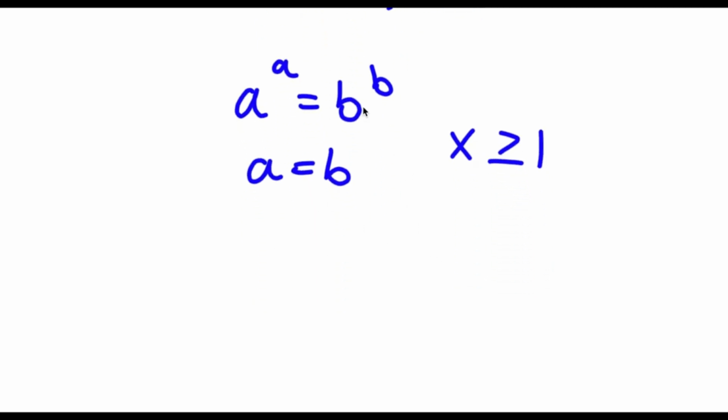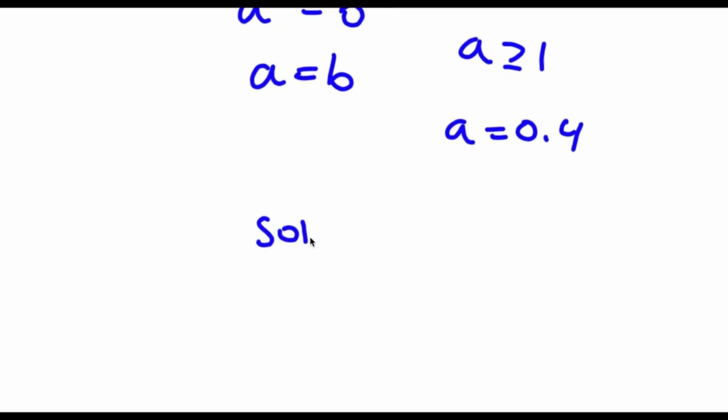So let's say a was a decimal, 0.4. Then this property wouldn't work out because a is not greater than or equal to 1.